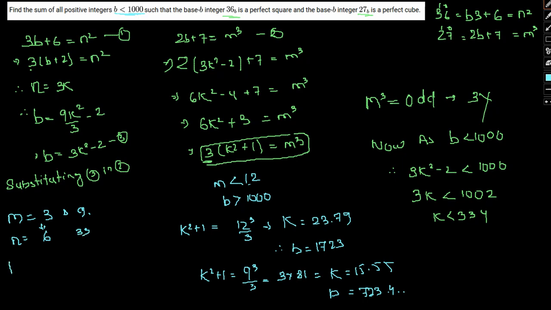Substituting, we have b equal to 10 in this case and 361 in this case. So our required sum will be 10 plus 361, being 371, which is the final answer.